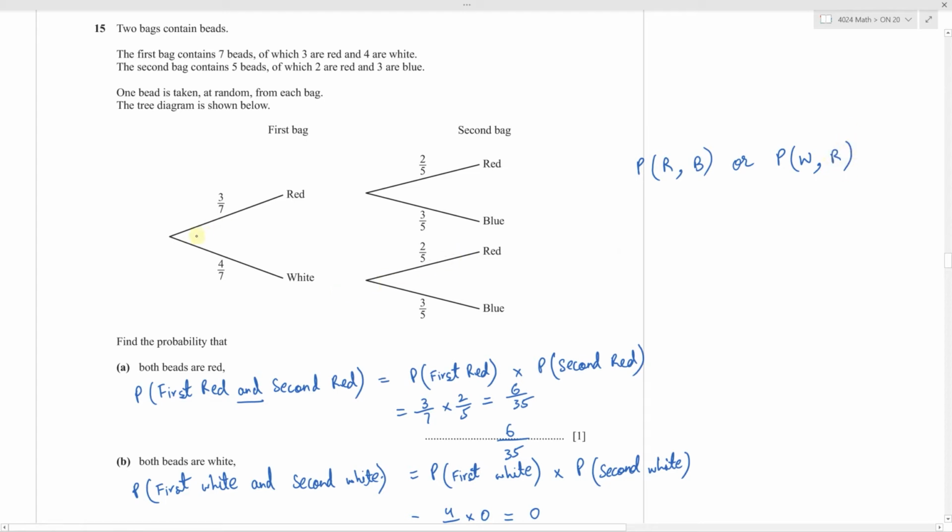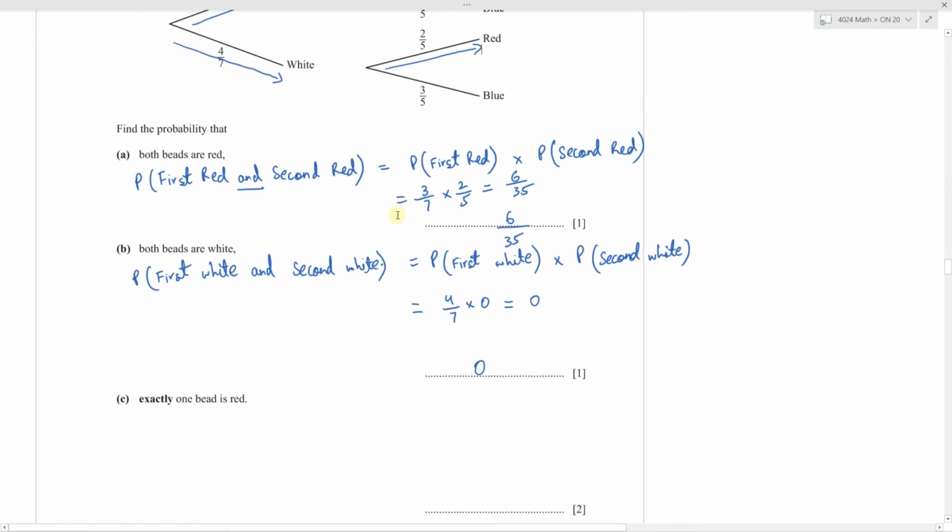So if you go down this path, you pick a red from the first bag and then a blue from the second bag, or you pick white from the first and then red from the second. In these two scenarios, you have exactly one red bead.